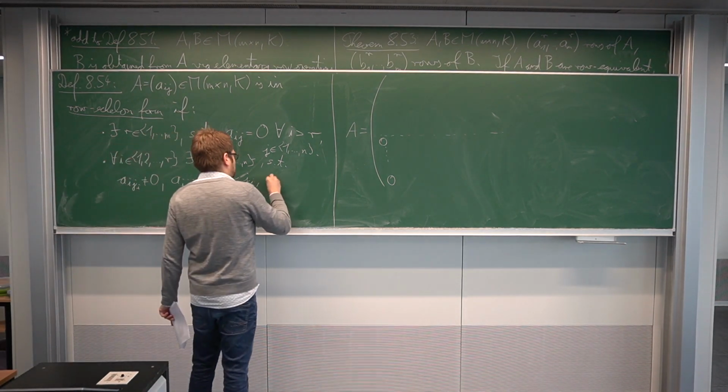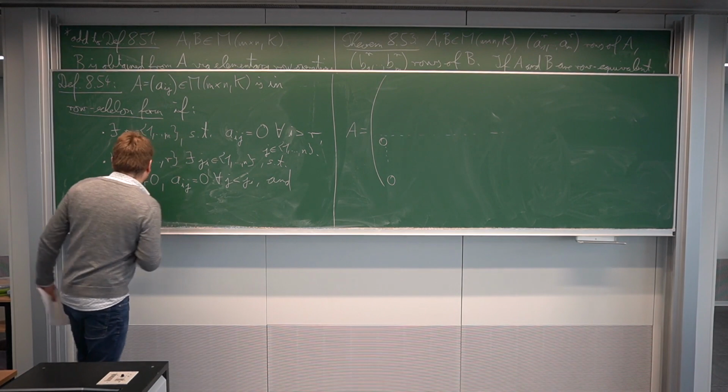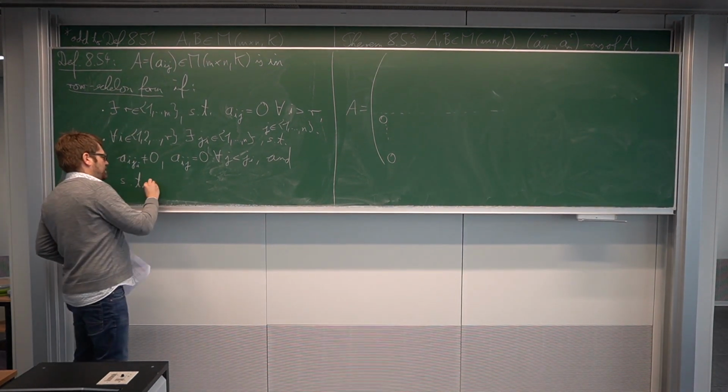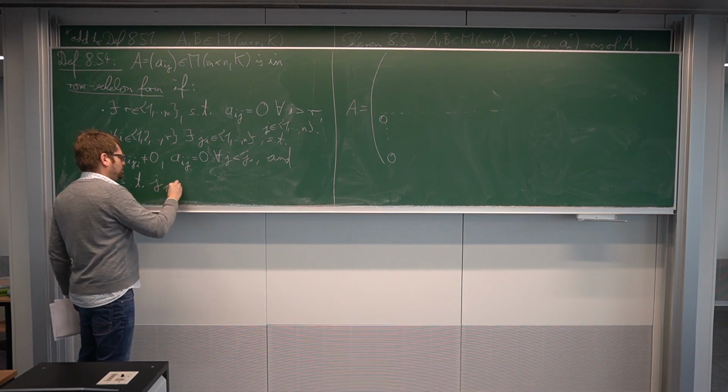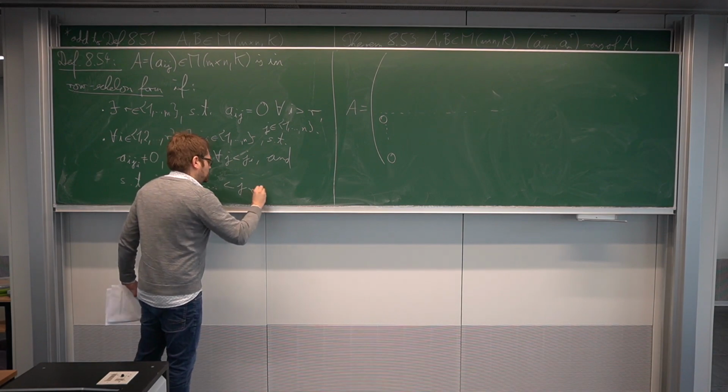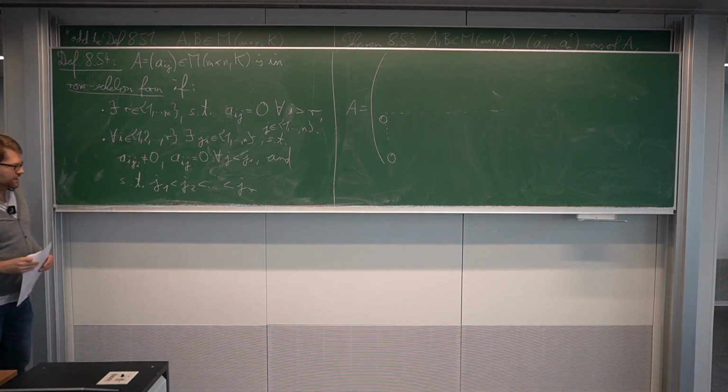And we want the following. The different indices behave like this: j_1 is smaller than j_2, is smaller than, and so on, is smaller than j_r. Okay, so what does this mean?